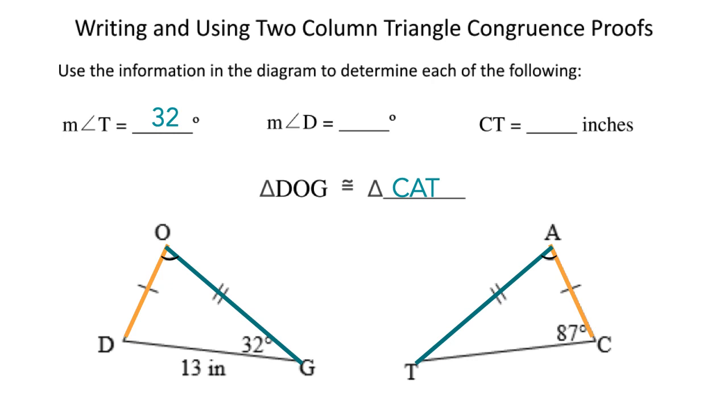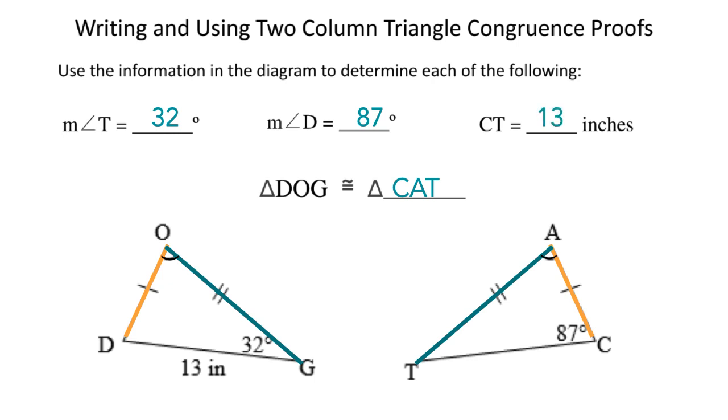Angle D comes first in the name of the first triangle, so angle D corresponds to angle C. Therefore, the measure of angle D would also be 87 degrees. Side CT is not given, but the first and third letters, CT, correspond to the first and third letters in DOG. Therefore, CT and DG are congruent, so CT also equals 13 inches.